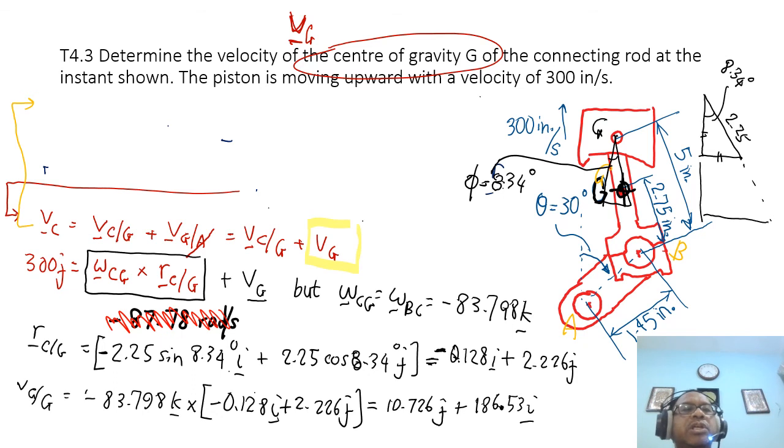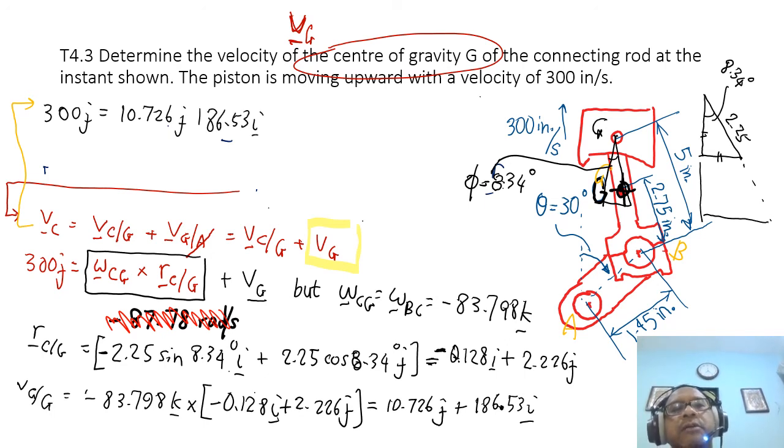VC is 300 J. So 300 J equals VG plus VC relative to G, which is 10.726 J plus 186.53 I.